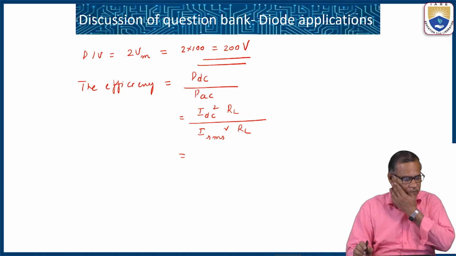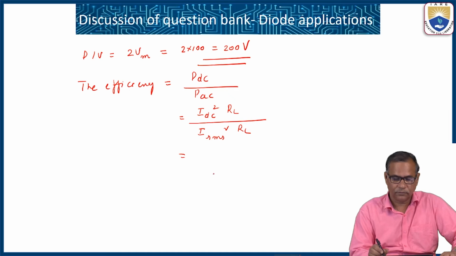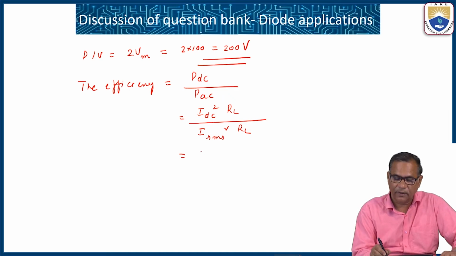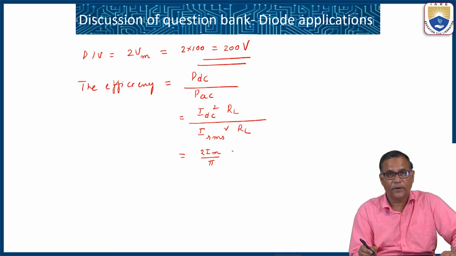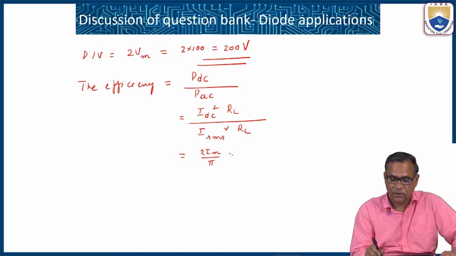So this gives us the value of efficiency. So this is equal to, what is IDC for full wave rectifier? 2 Im by pi. And what is IRMS for full wave rectifier? Im by root 2. So into root 2 divided by Im.